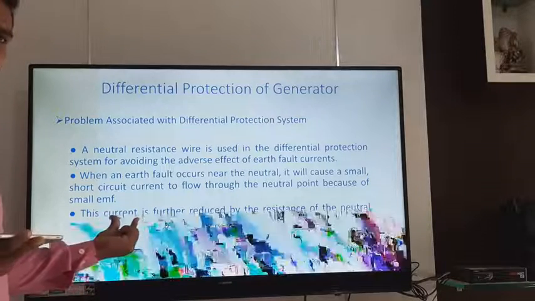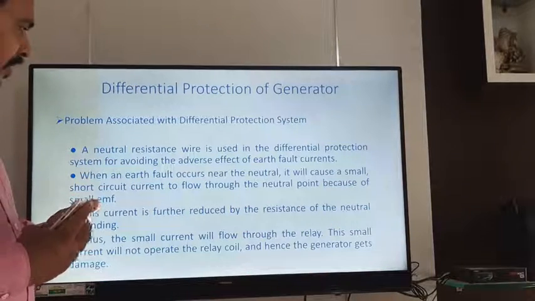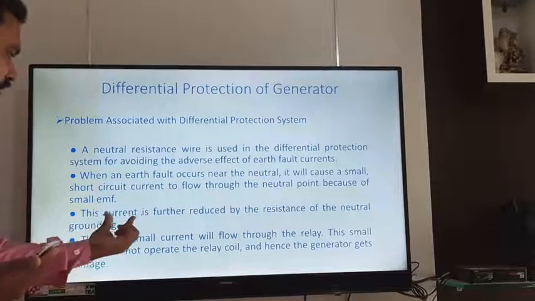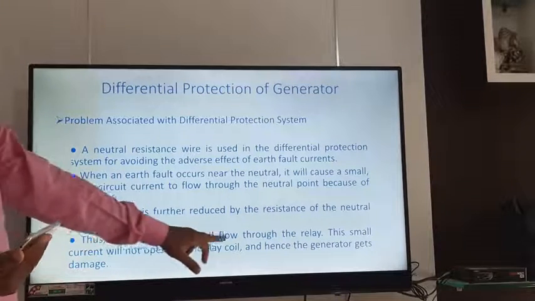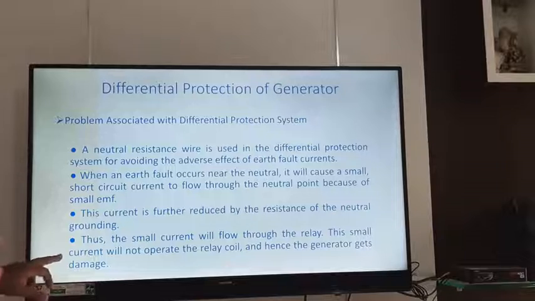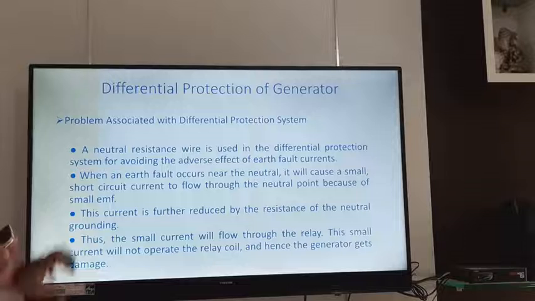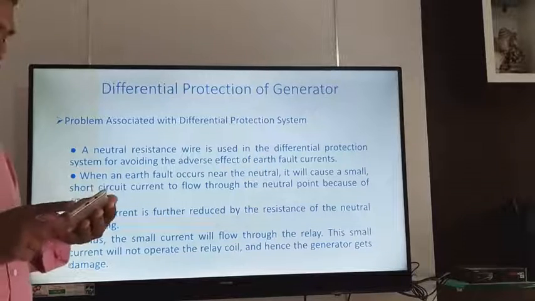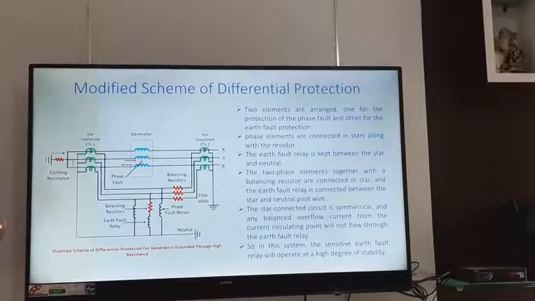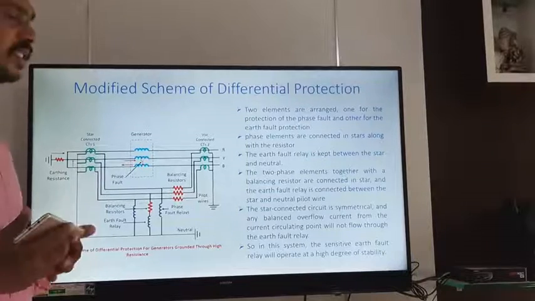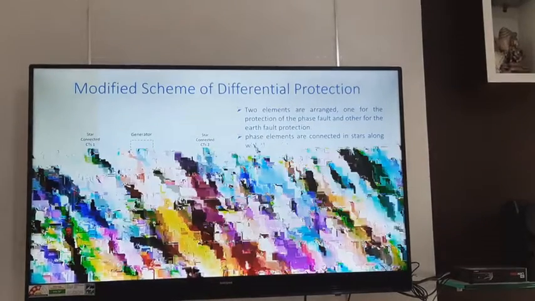Since the earthing resistance is connected, this small current is reduced by some amount, so the current becomes very small. Thus a small current will flow through the relay, and this small current will not operate the relay coil, and hence the generator gets damaged. This is the problem that arises in the differential protection. So for that, one modification is made in the differential protection, and this is the modified scheme of differential protection.